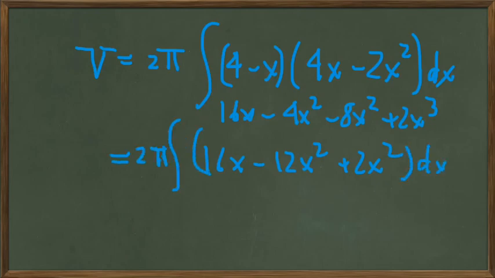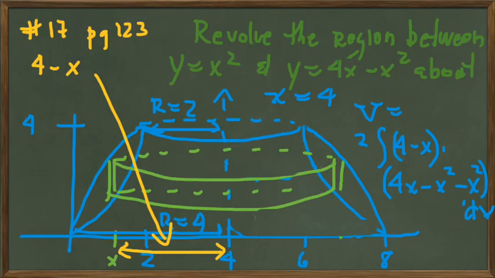Limits of integration: we said the maximum radius, remember this is the radius here, and this was the height. The maximum the radius could be, we said, was 4, and the minimum the radius could be was 2, and it takes on all values between them.